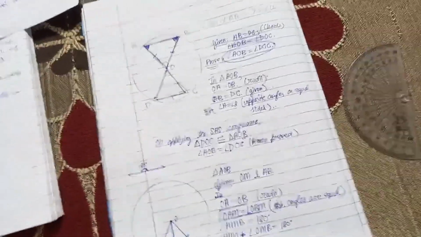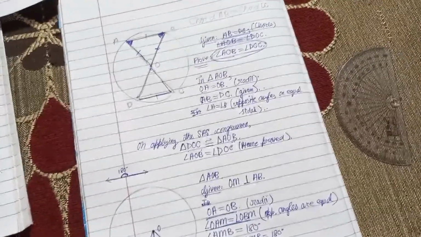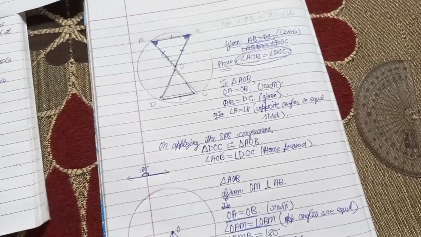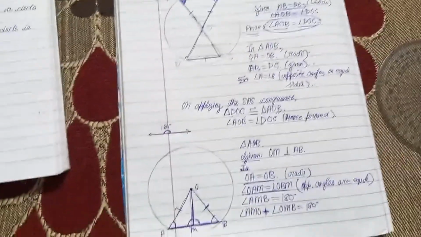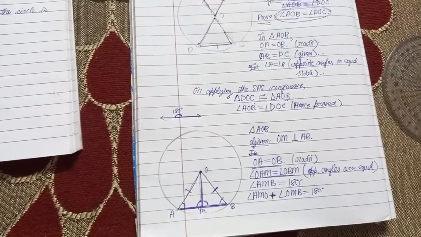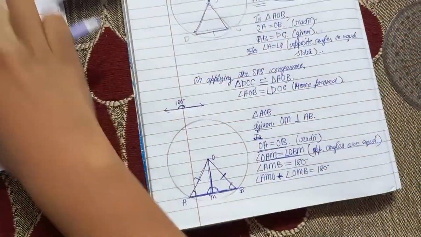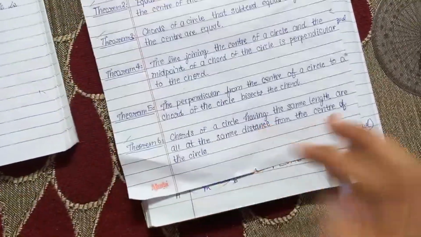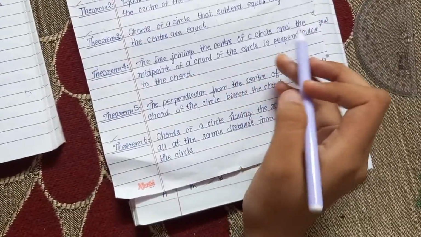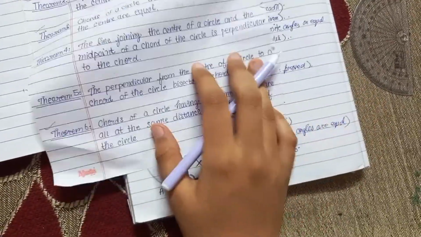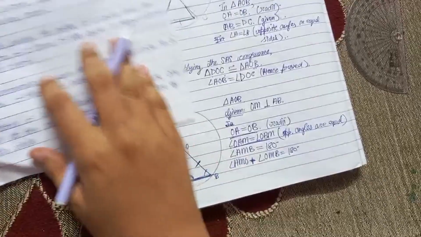Then after this, what we need to do is, now just look at the question again. See, the line joining the center of a circle and the midpoint of a chord means it is the midpoint.